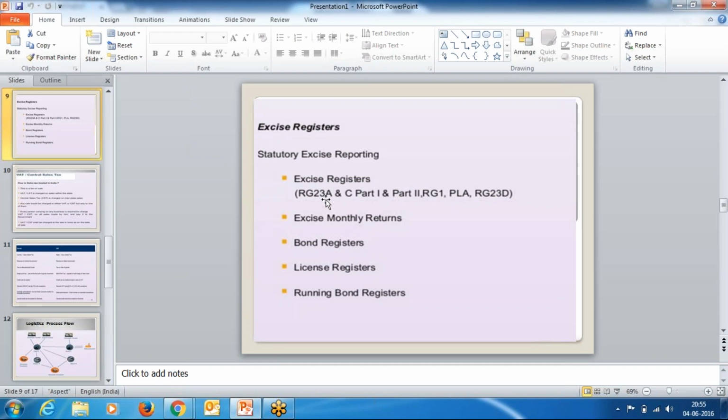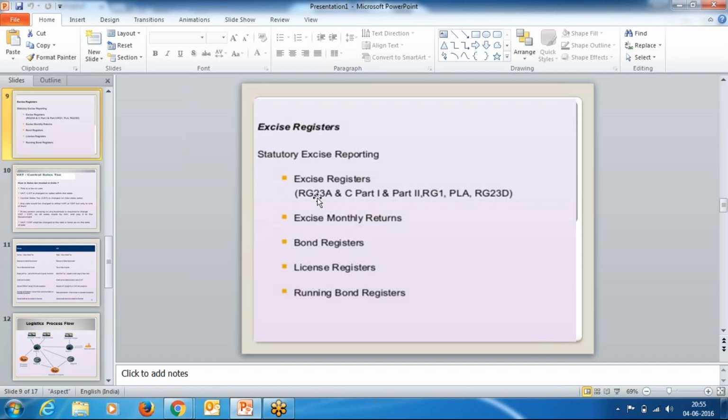You can only utilize 50% of the duty in the current year. The remaining 50% will be utilized during the next financial year. The GLs will be separate, and at the time of your excise posting, one GL will be excise 50%, and the second GL will be excise on hold.